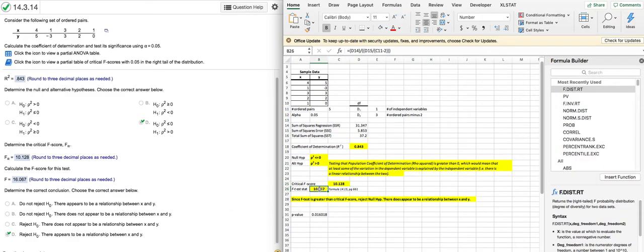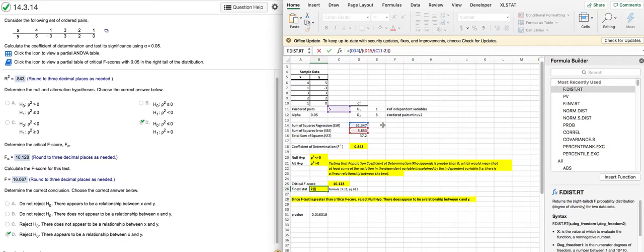Then we calculate our F-test statistic, using a formula from the regression chapter, and this one isn't really all that difficult. The numerator of the formula is the sum of squares regression figure, 31.347.